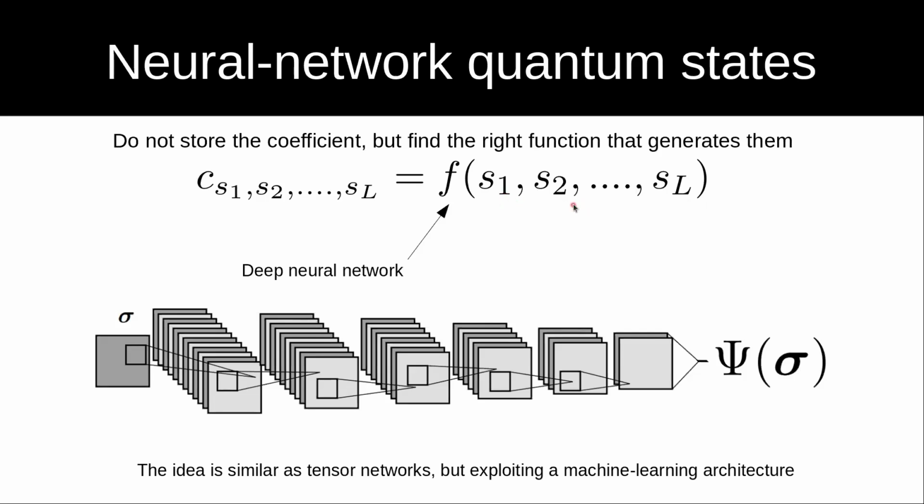So the very specific state from your basis for which you want to know the coefficients, and the output of the network is the coefficient that you would have associated to that element of the basis in your ground state. And the idea is that in order to parameterize this mapping, you use a neural network, and in particular, a deep neural network.